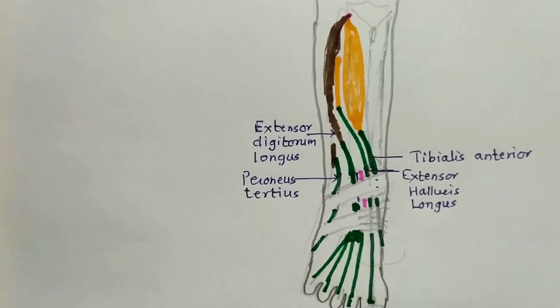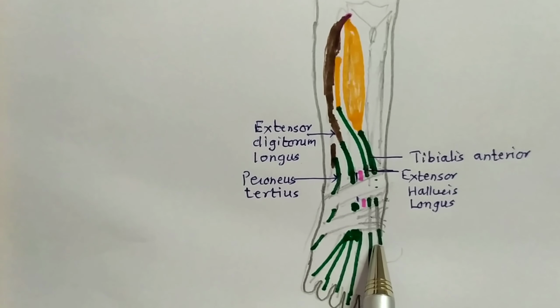All these 4 muscles are dorsiflexors of ankle joint. The tibialis anterior helps in inversion.